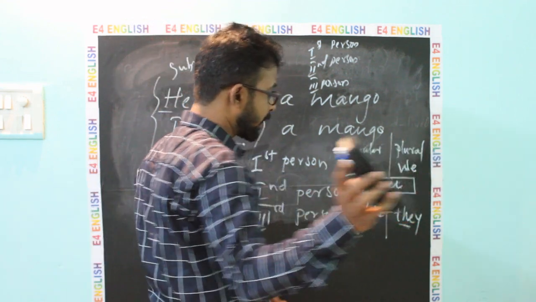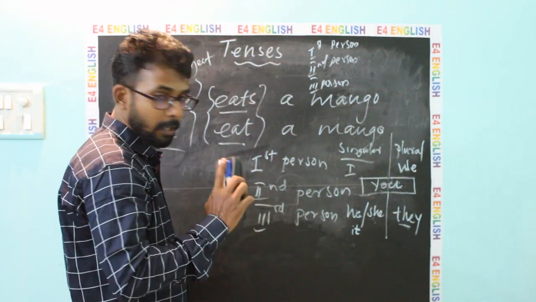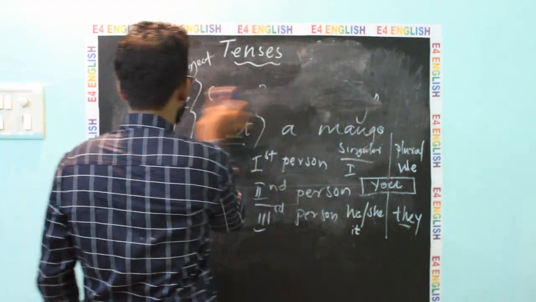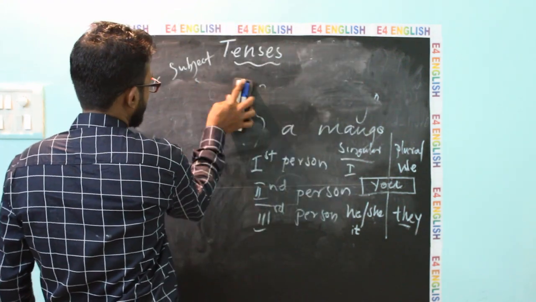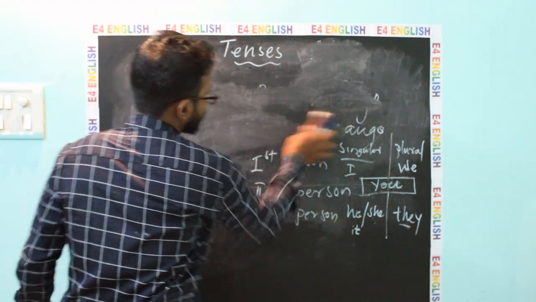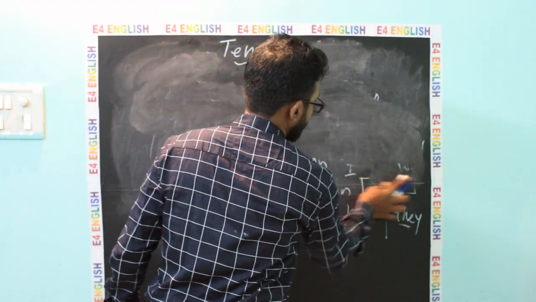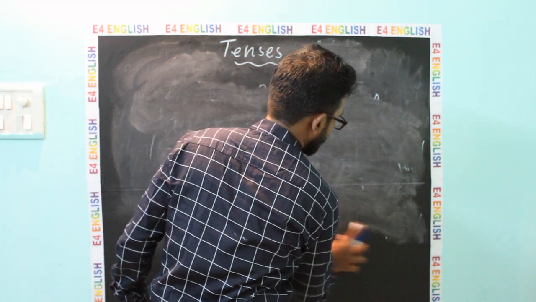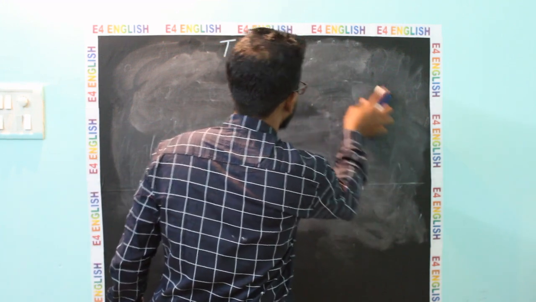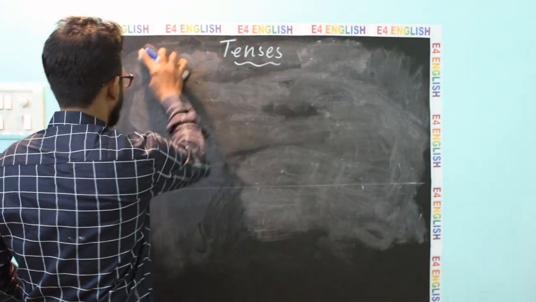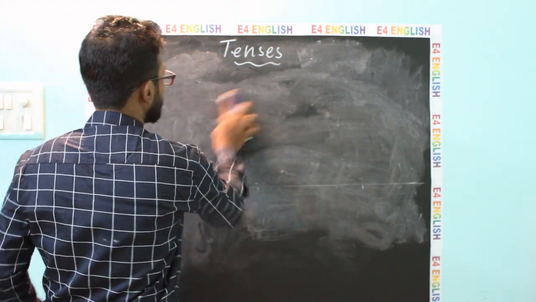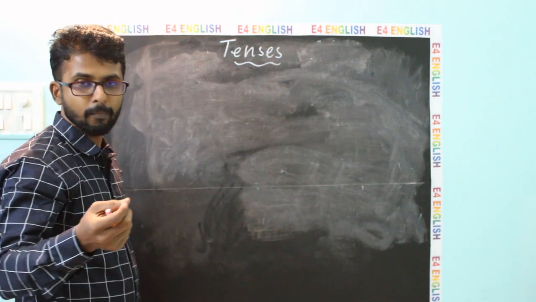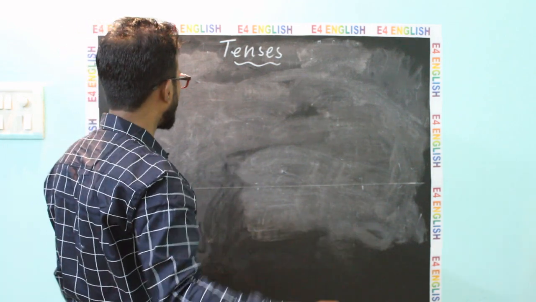Okay. So I think you might have noted down, and let me clear it. Our tenses are present, past, future, that we all know.